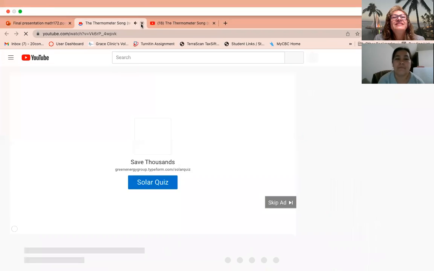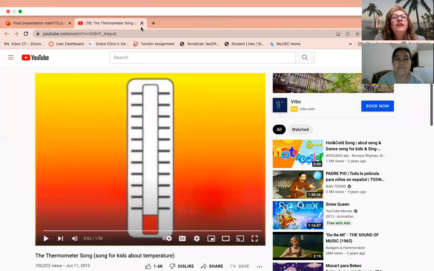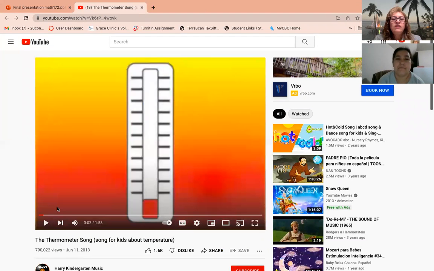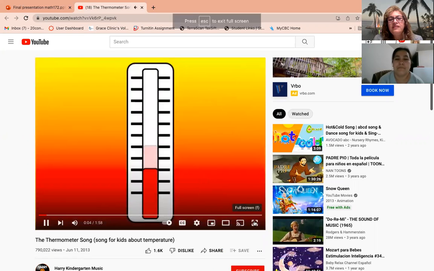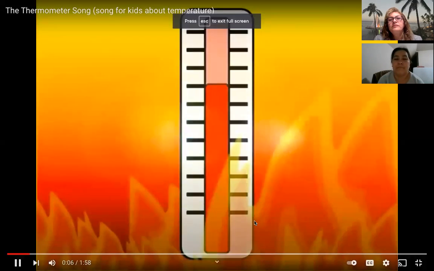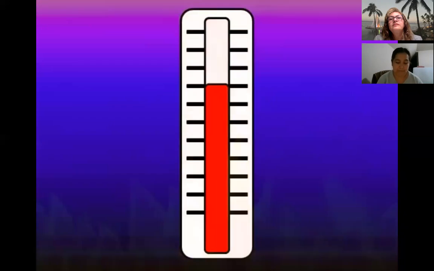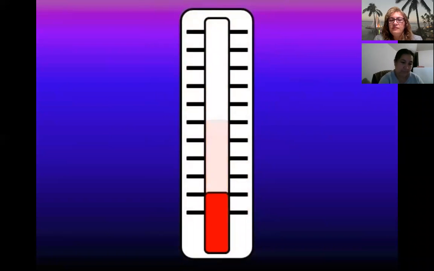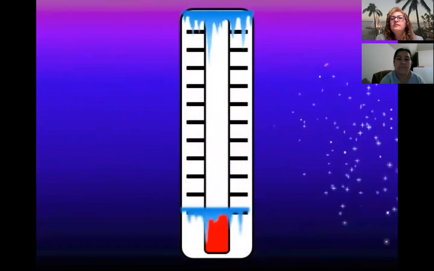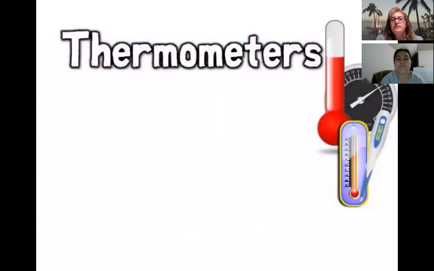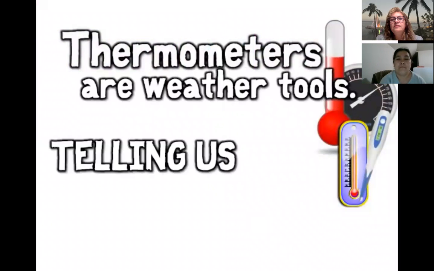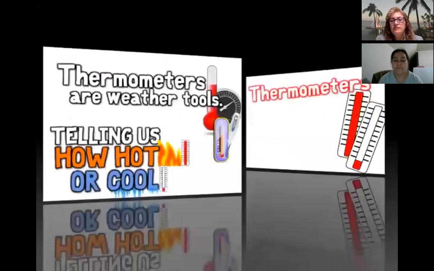When the mercury goes up, it's getting hotter. When the mercury goes down, it's getting colder. Thermometers are weather tools, telling us how hot or cool.